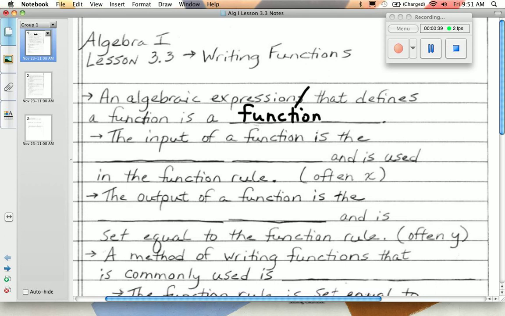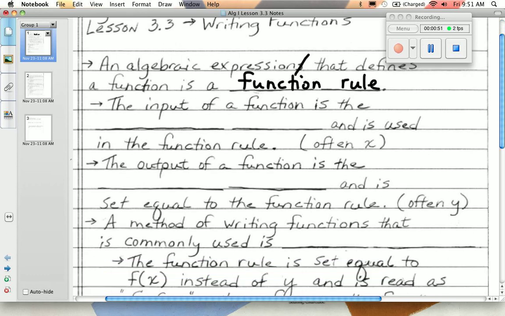So when we can set up an algebraic expression that tells us how that function operates, we call it a function rule. Every function has an input and an output. The input of a function is what we call the independent variable. So we decide what we're going to put into the function.